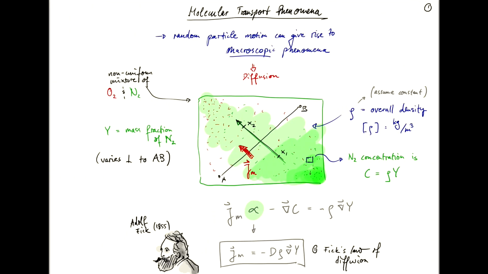So at t infinity, our mixture of nitrogen and oxygen will be perfectly mixed.